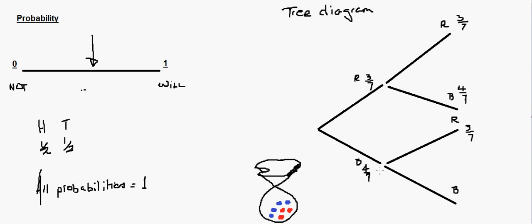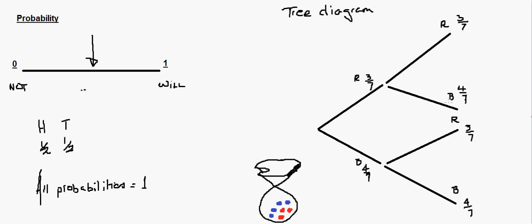And if I'd chosen a blue, replaced it, and then chosen a blue, that would still be 4/7. So now we can see that we've worked out the probabilities for each turn.